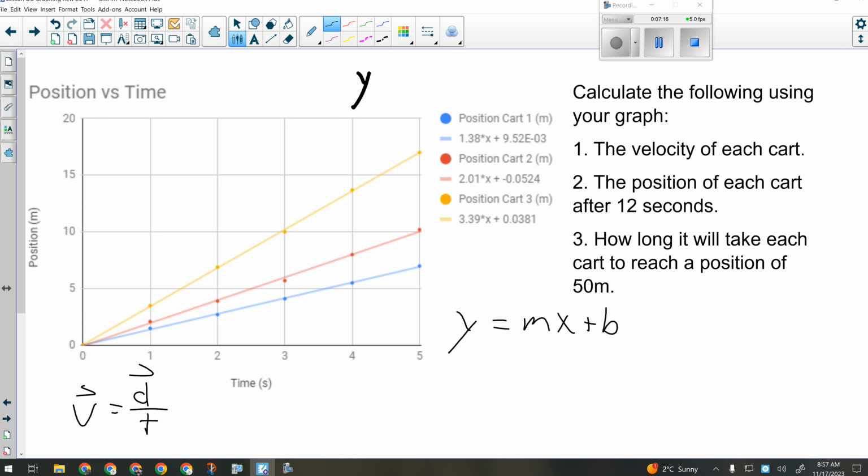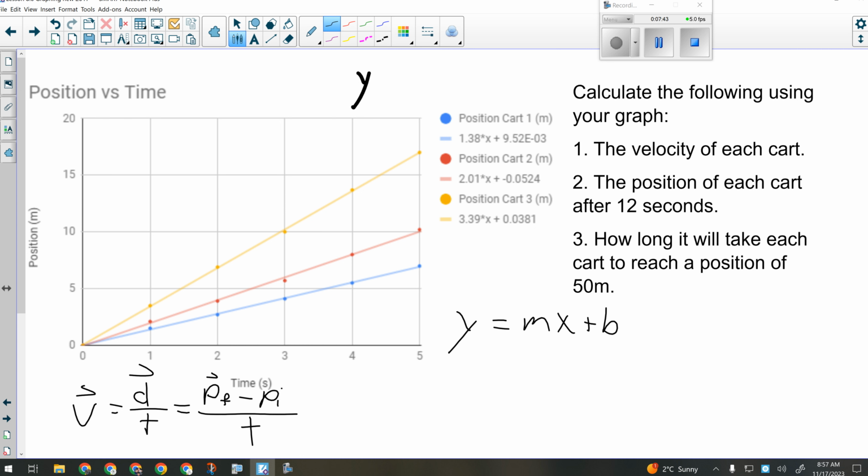We talked about that being the definition of it, but we've never actually calculated it. We do that by taking our final position and subtracting our initial position. And then if I want to calculate velocity, I divide that by time. Still the same formula.